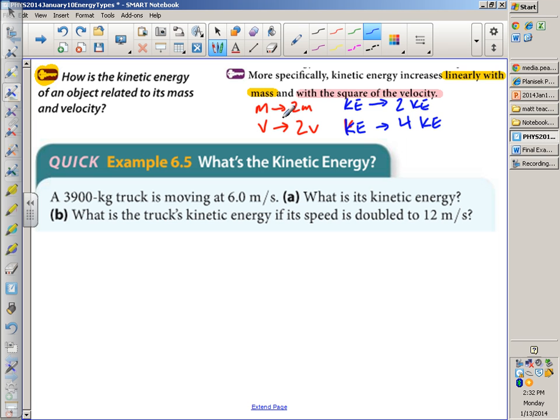Twice as much speed means 4 times as much kinetic energy, right? 2 squared is 4. Does that make sense?